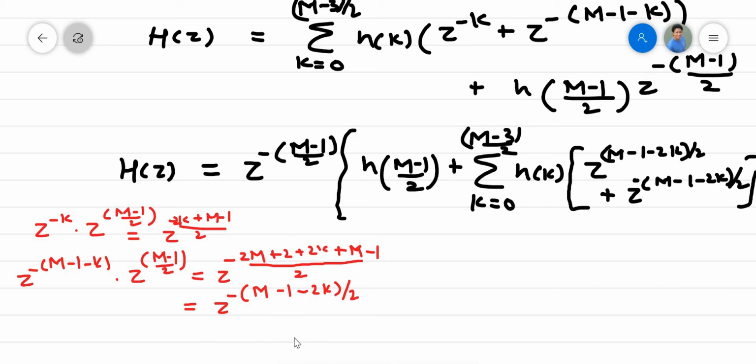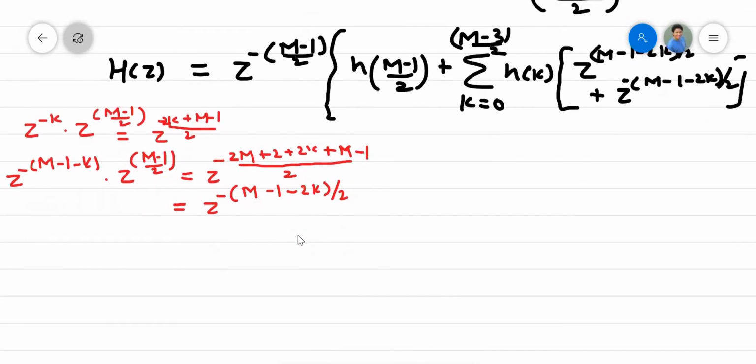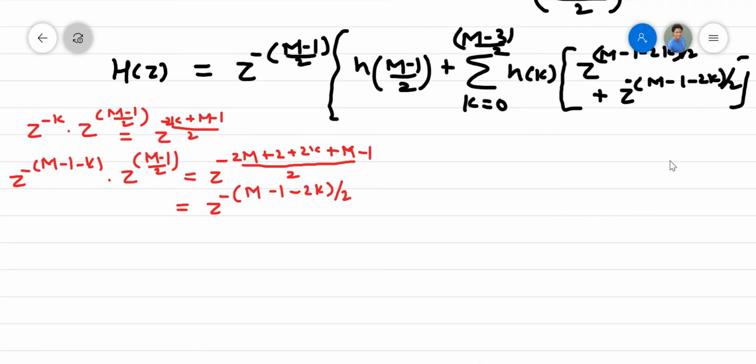Now this is the transfer function in terms of H(z) we have obtained. We'll remember this transfer function and use it in further cases. After this we will discuss type 2, type 3 and type 4 filters.